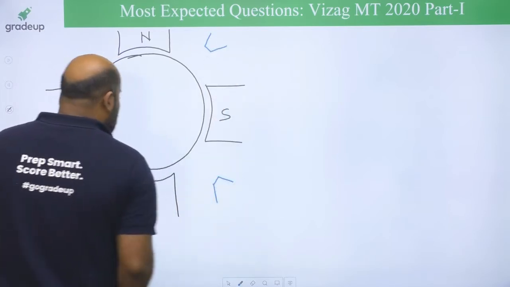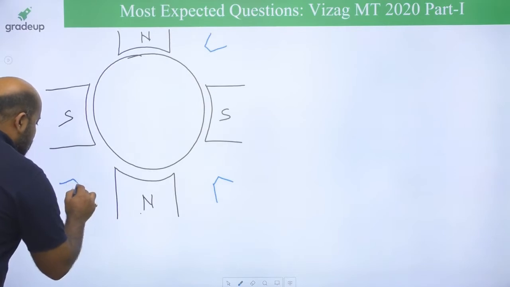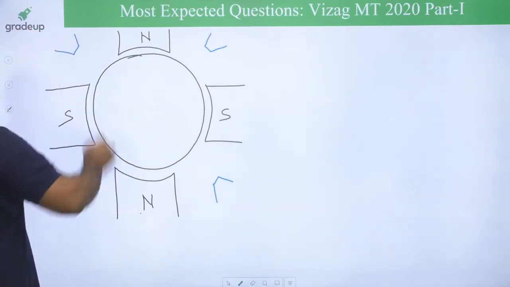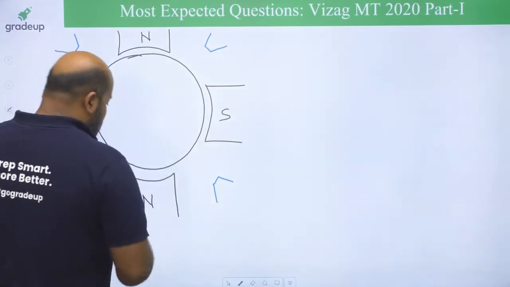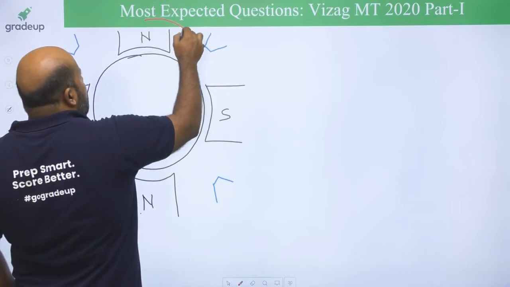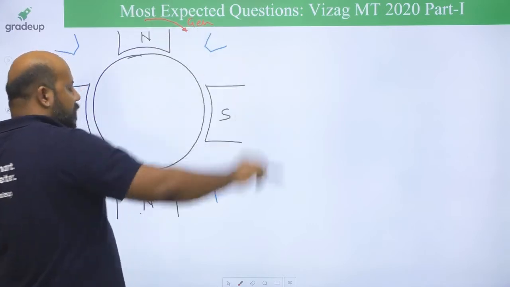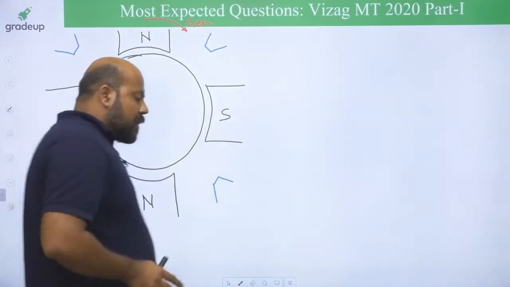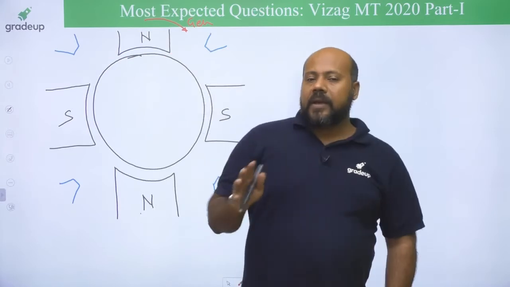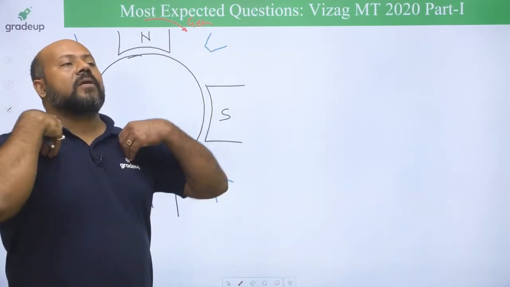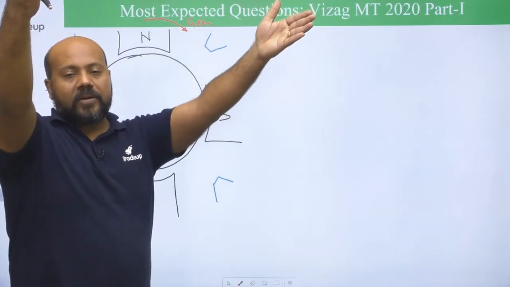These small poles we are calling interpoles. Now if you see for the generator, suppose this is the generator rotation direction. So how to decide the polarity of these interpoles? For the generator, the polarity of the interpole is always the main pole ahead, because a generator always looks ahead. So this is the logic you can apply.